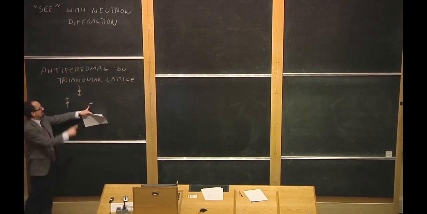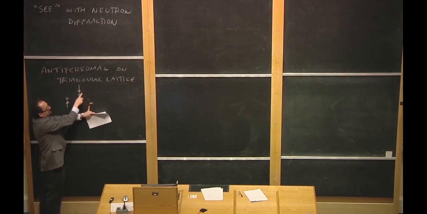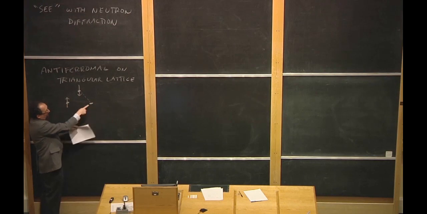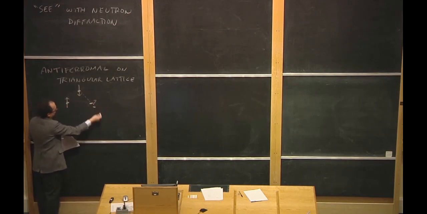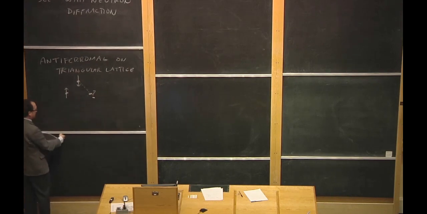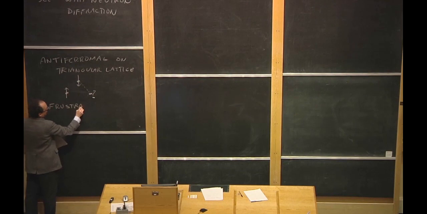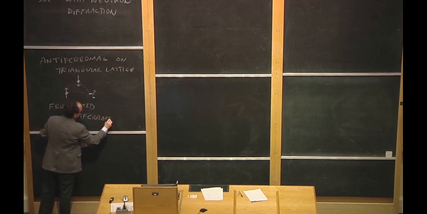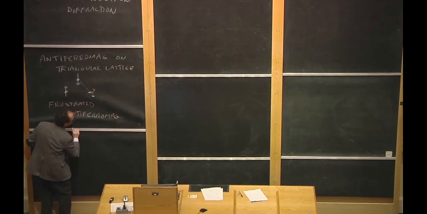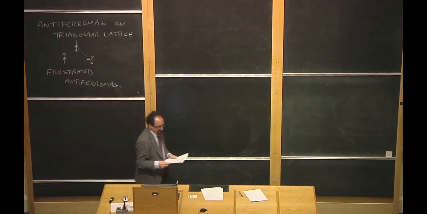He can point up and then make the opposite direction of this guy, but the same direction as this guy, or he can point down, in which case he's opposite this guy, but the same direction as this guy. So this guy's in trouble, and he can't point happily either direction. So this is what you call a frustrated antiferromagnet. Everything causes frustration these days.